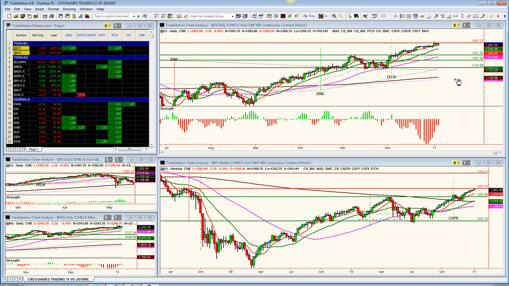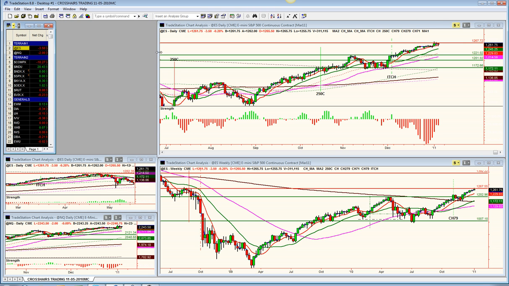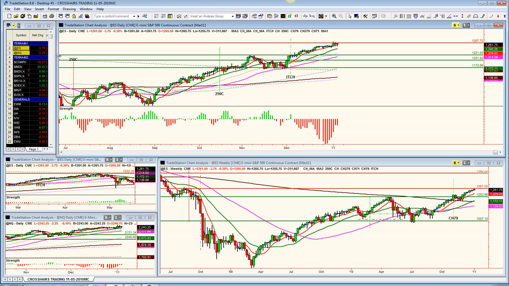I will, however, add to a position when it hits resistance or support if I'm already in a position and it looks like it's holding that area and is continuing in my direction. But the way I look at support and resistance is I want the market or a particular stock to tell me that this is an area of support that's going to hold or an area of resistance that's going to hold, whatever the case may be.